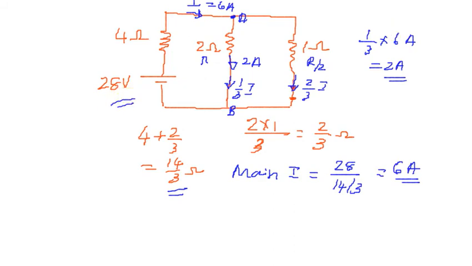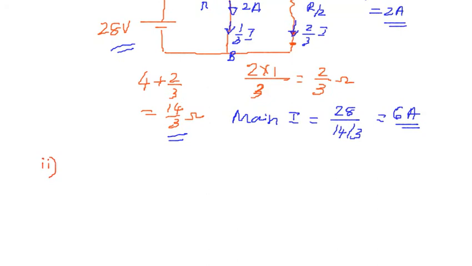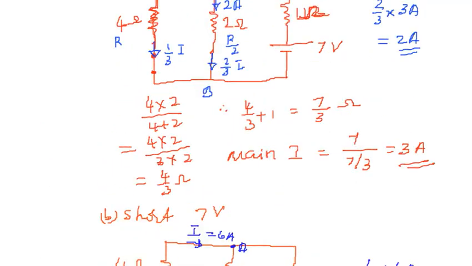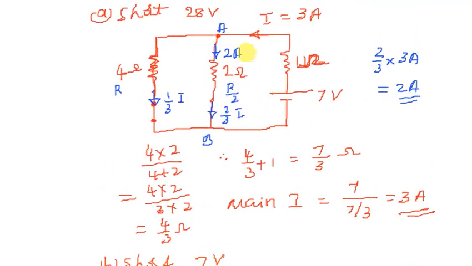Now in the second step, what I have to do is think about the whole part that has happened between points A and B, right? Here the current due to the 7-volt battery, how much was it? See here, the current due to the 7-volt battery was 2 amps downward, right?